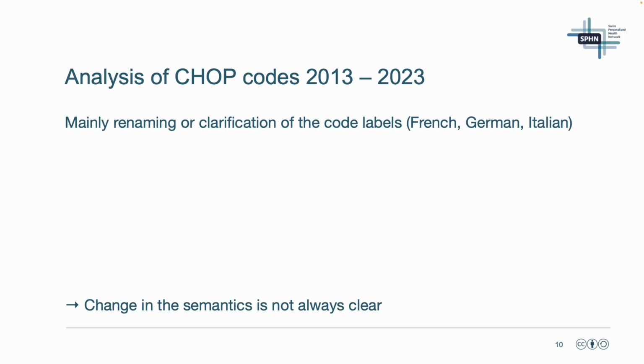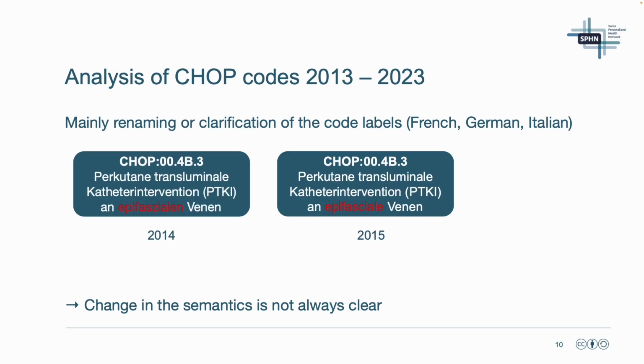When investigating these codes further, we mainly observed changes related to renaming or clarification of the code labels, whether they were in French, German, or Italian. This is an example of the label of a code that got changed in German between 2014 and 2015. If you know the language, it might be clear what the change is really about. Otherwise, it may not be obvious if the semantics did indeed change.